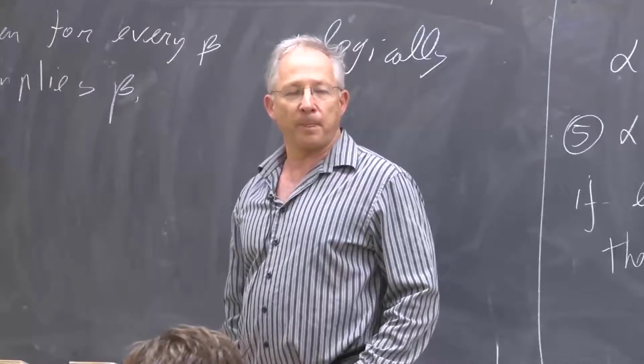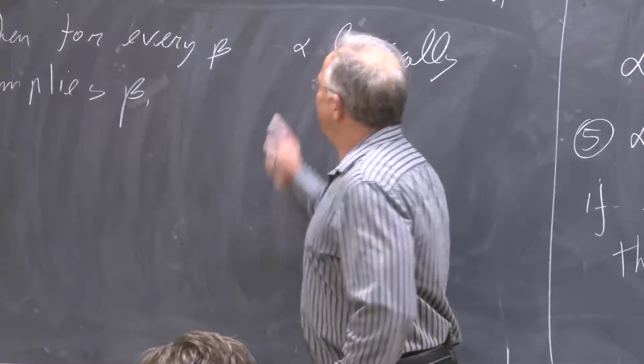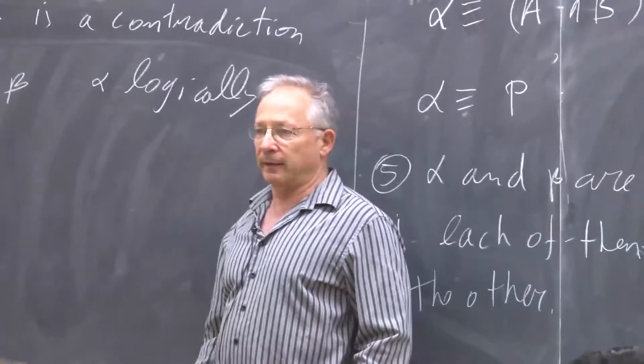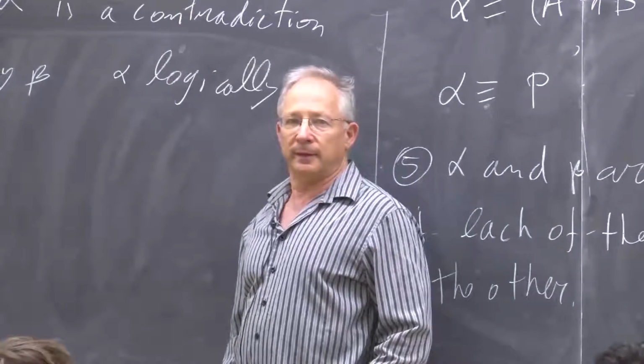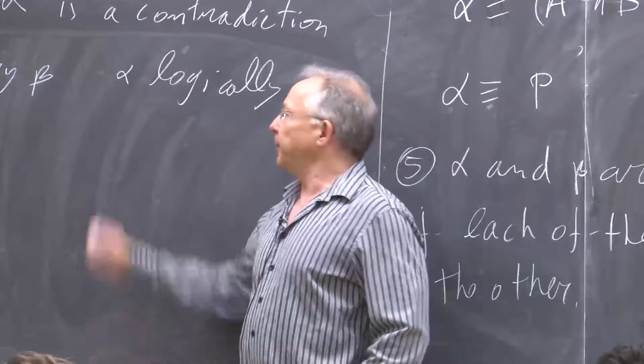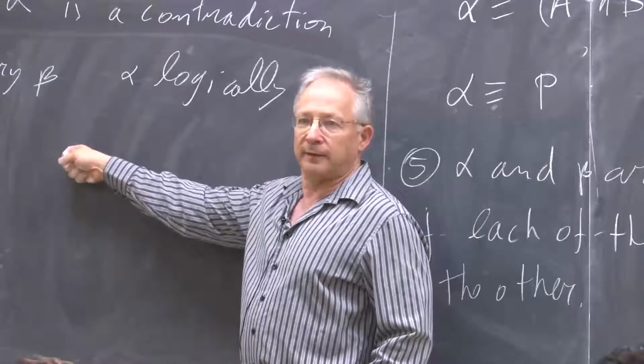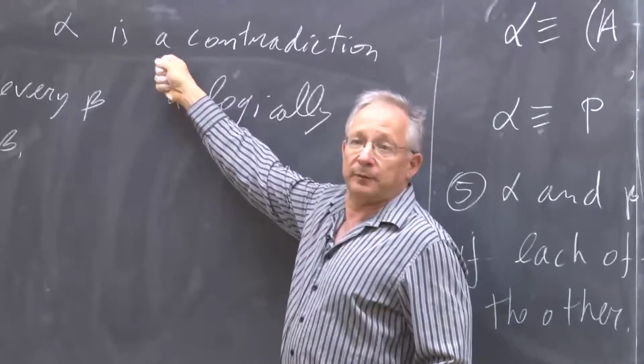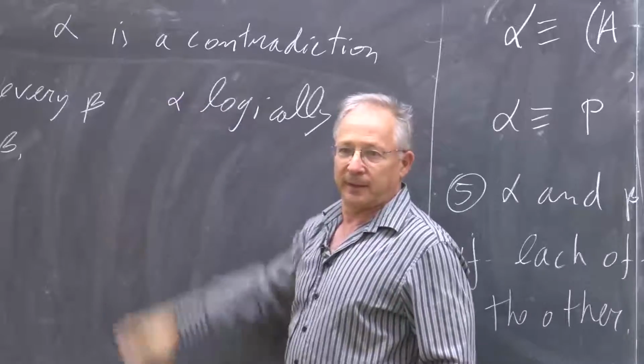Because if alpha does not logically imply beta, there must be some v that makes alpha true and beta false. But no v will make alpha true. Right?